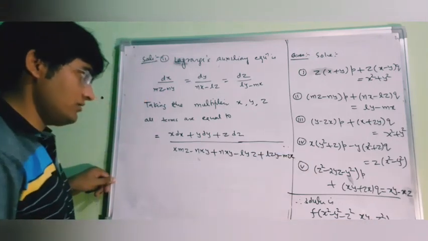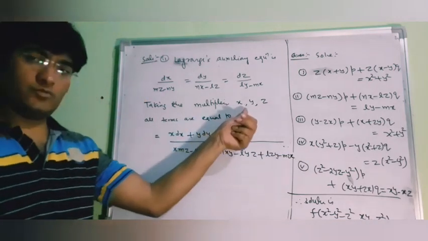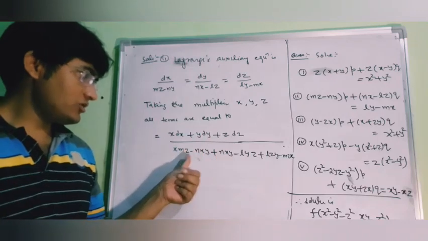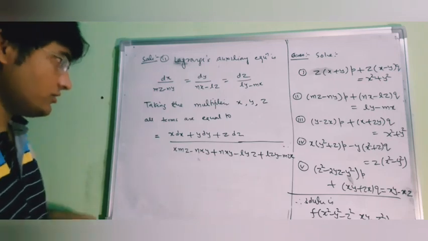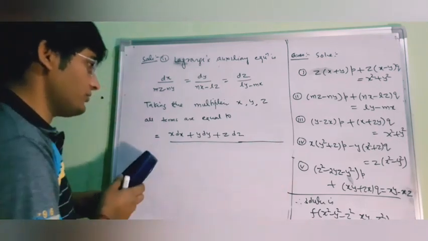Now you can see that again this multiplier works, because x and z will be cancelled with this term. So all these terms are cancelled with each other. So again your denominator is 0.